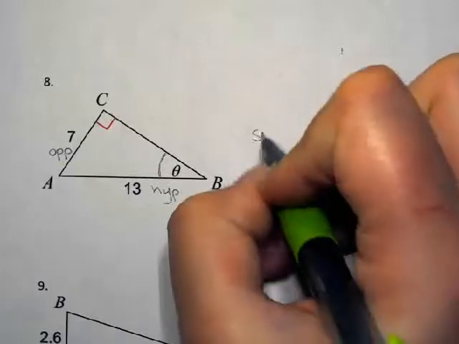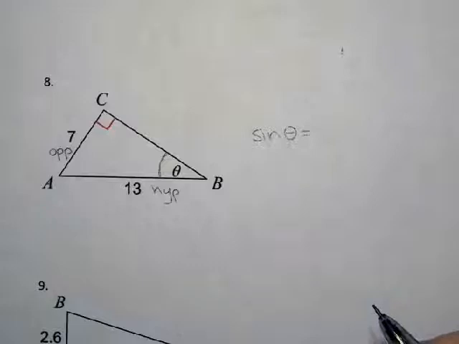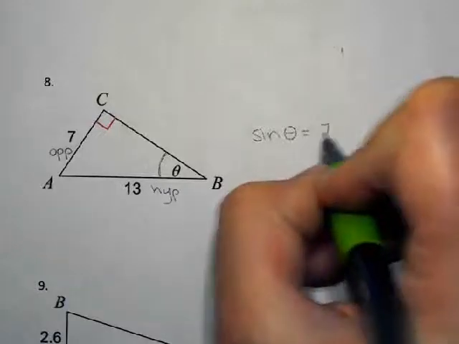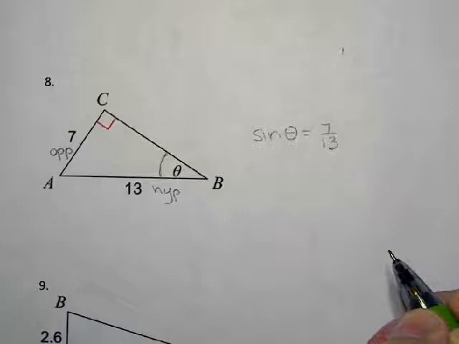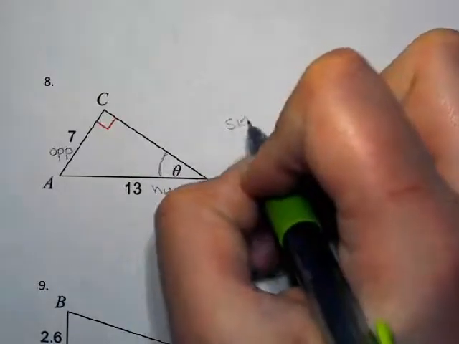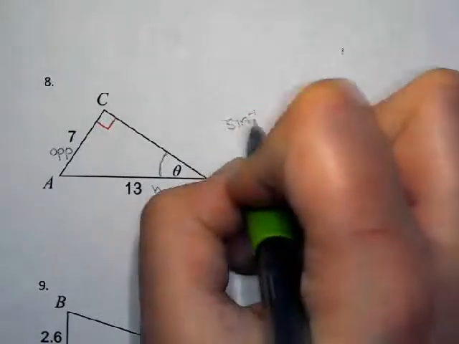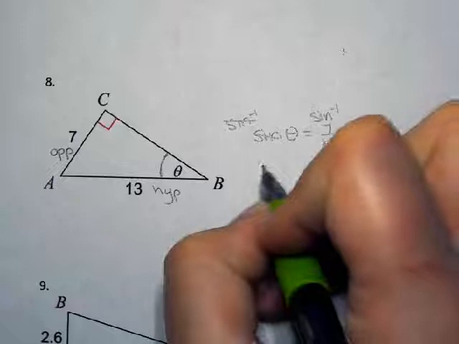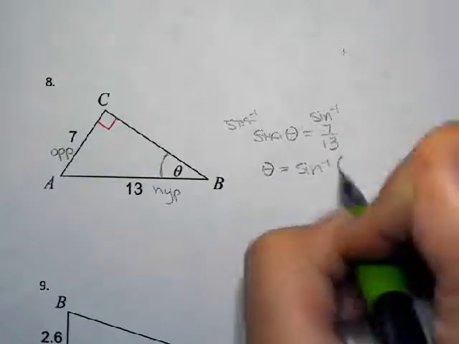So we're going to say sine theta equals 7/13. Okay, and then how do we undo the sine so that the theta is by itself? We're going to do sine inverse. So sine inverse and sine cancel each other out, and we just have theta equals sine inverse of 7/13.